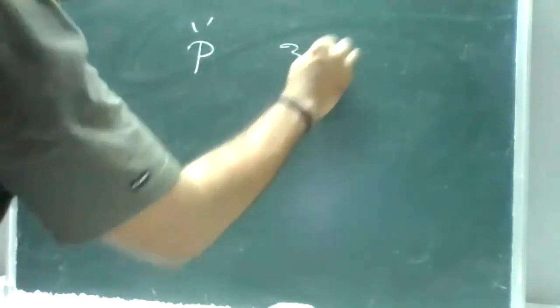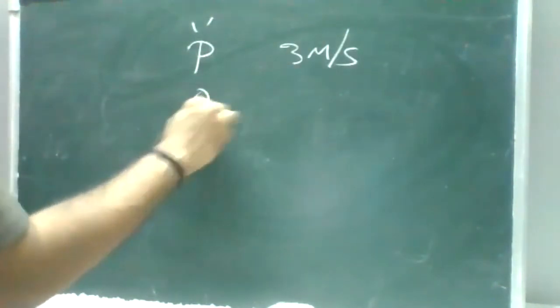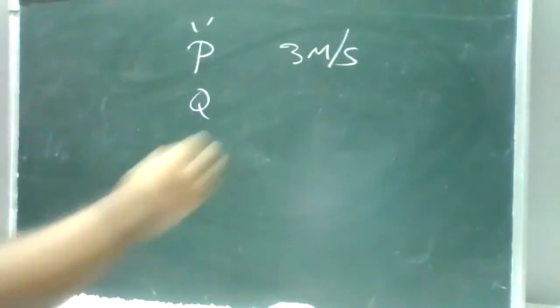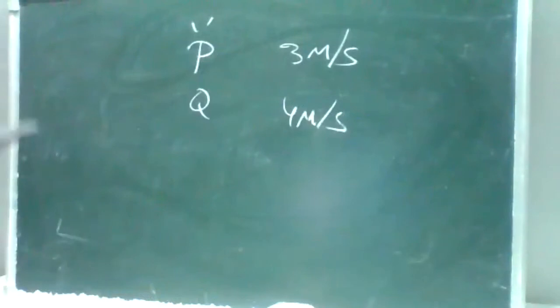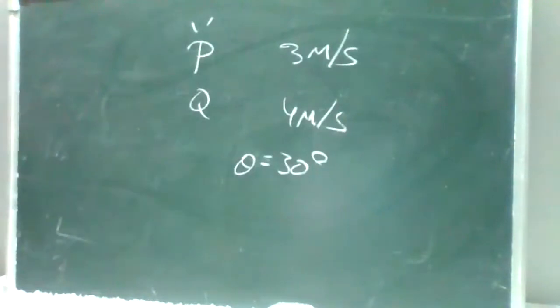Okay, take a question. A particle P is moving along a straight line with velocity 3 meter per second, and another particle Q has a velocity 4 meter per second to the path of P, making an angle of 30 degrees.